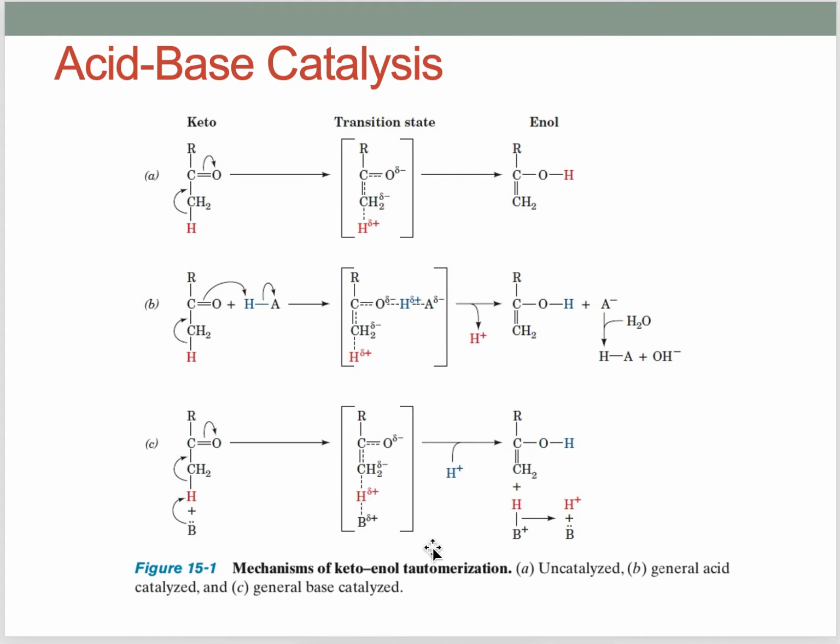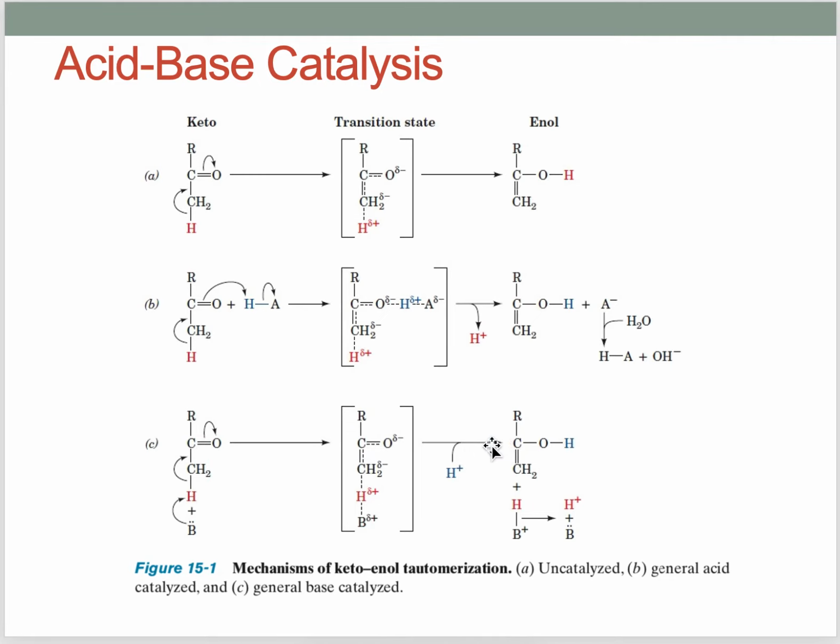How will it do that? It will try to form a bond with this hydrogen. As the bond is formed here, this bond will break down, and the electron which was shared here will come to here and form a transition double bond.